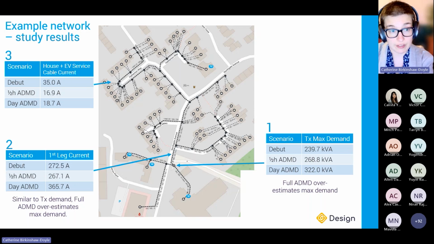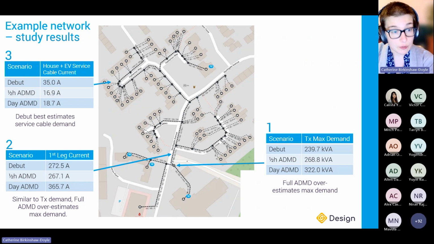So this results in, for this service cable, W models the house at about 2.5 kilowatts instead, and the EV at close to its maximum of 7 kilowatts. And this adds up to a total of 35 amps, which is much closer to what you'd expect as the maximum service cable demand for a house and a 7 kilowatt EV charger.